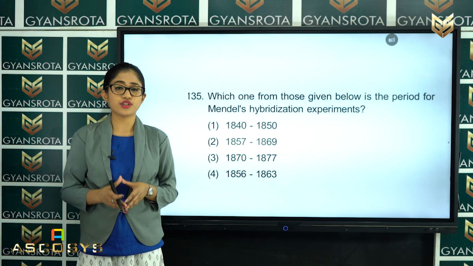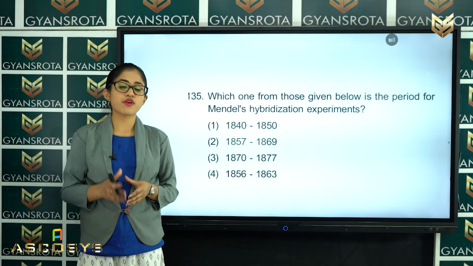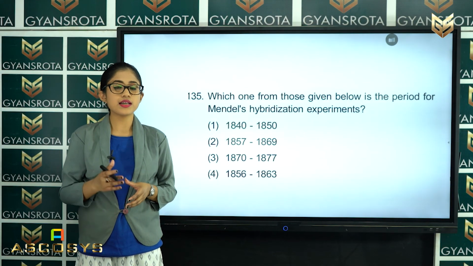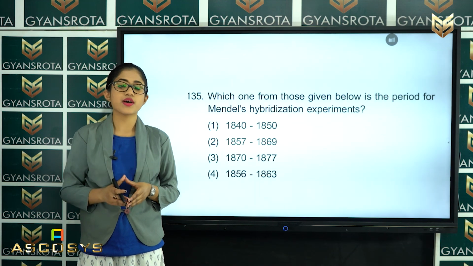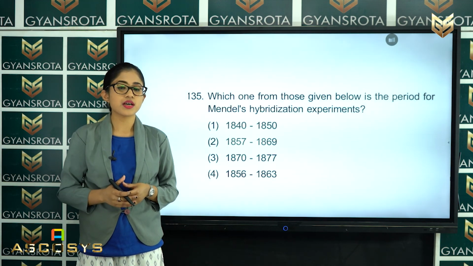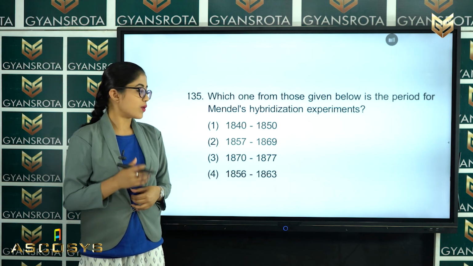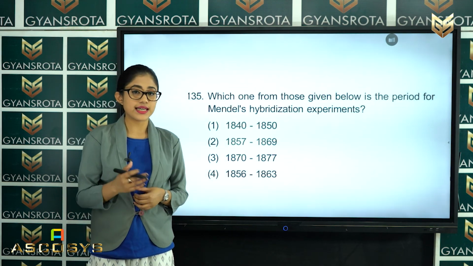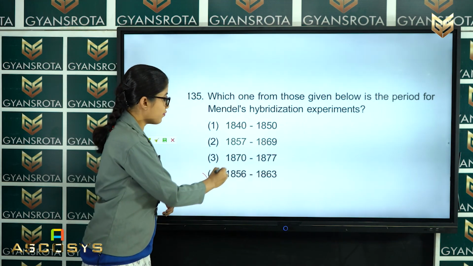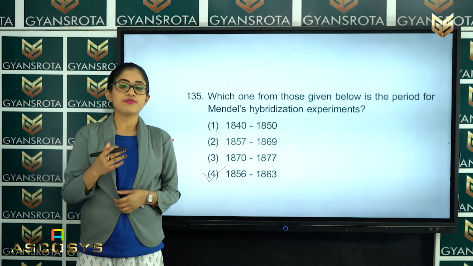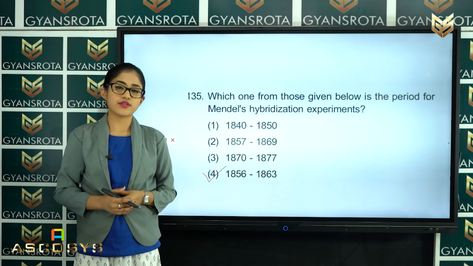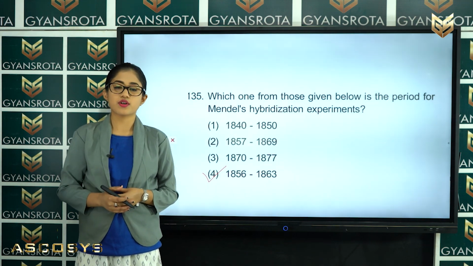These are very easy questions and it has come directly from the NCERT textbook, in the chapter Principles of Inheritance and Variation. At the start of the chapter you will get this. So what is the correct answer among these? That is option number 4, 1856 to 1863. So that is the correct option.